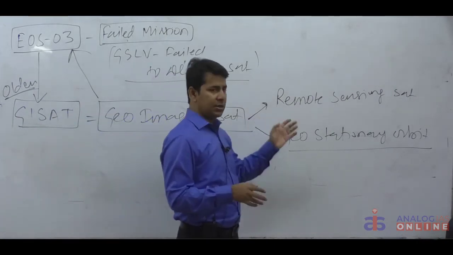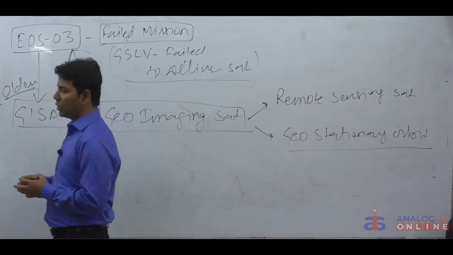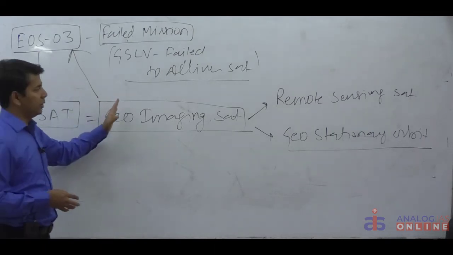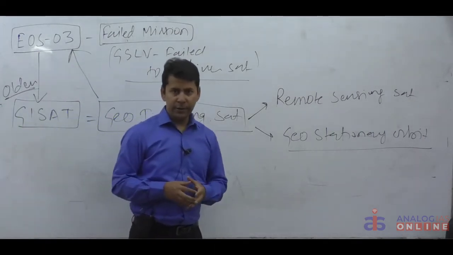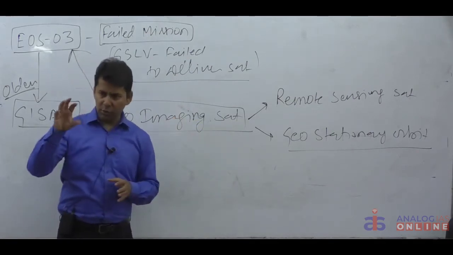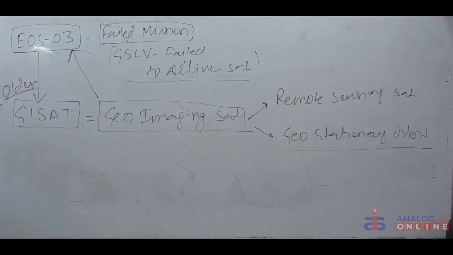Remote sensing, that means we have already learned that remote sensing satellites must be placed into polar orbit or SSPO. But here I am saying that the remote sensing satellite GISAT was to be placed in geostationary orbit, 36,000 kilometers away, so that it can focus onto the earth and give you real-time images of any part of India.